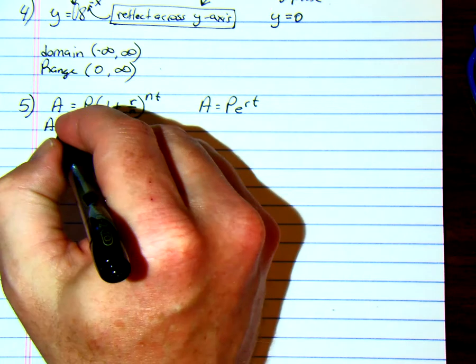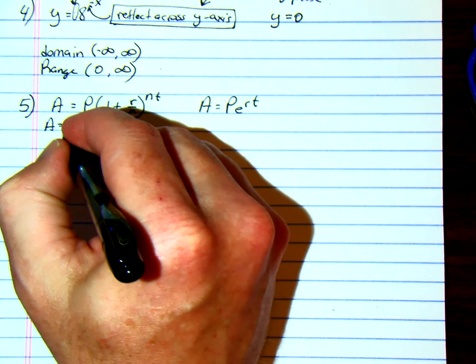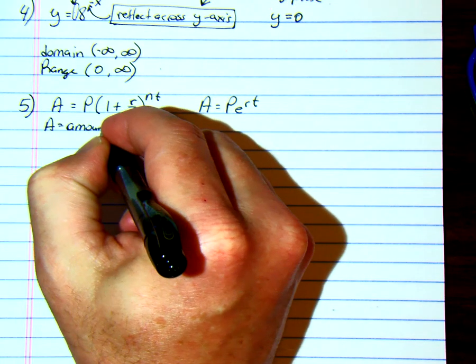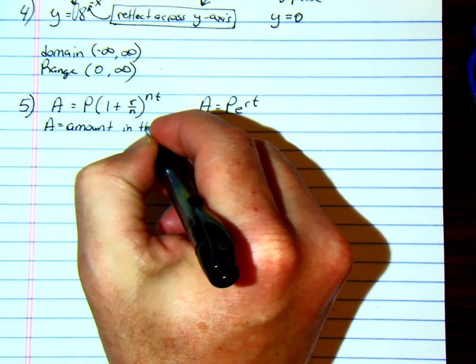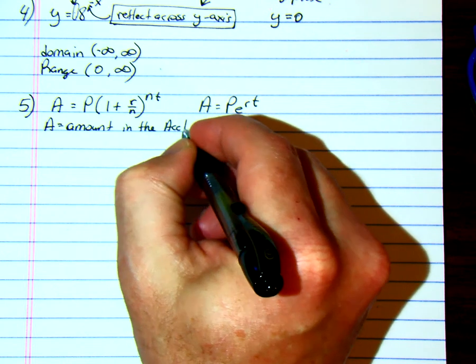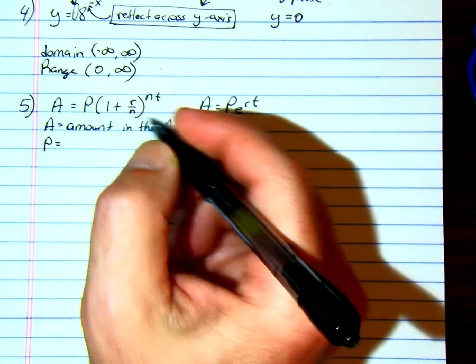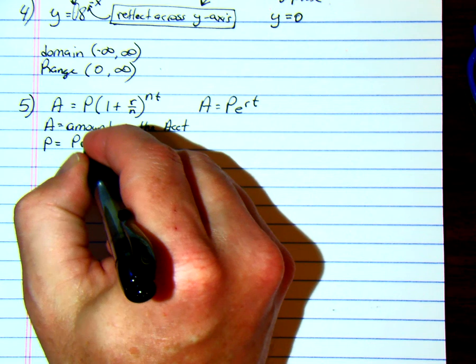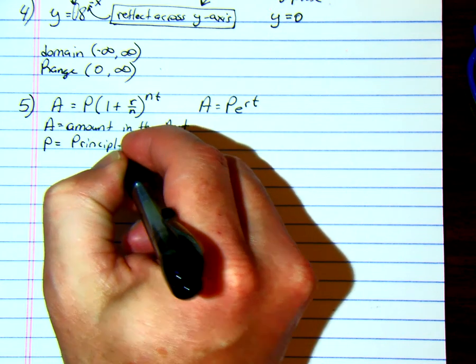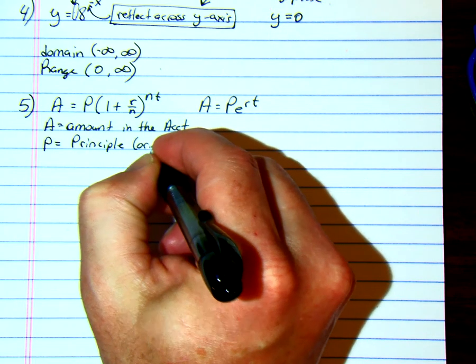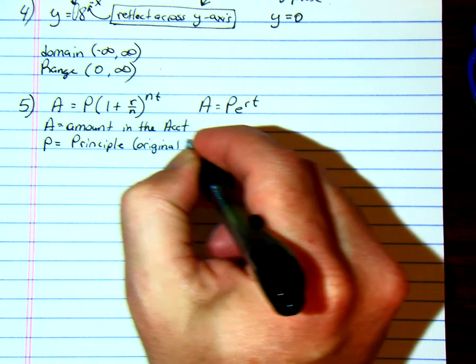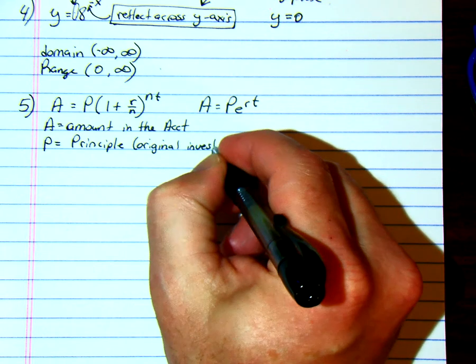So A is going to be the amount in the account. P is going to be our principal, which is our original investment.